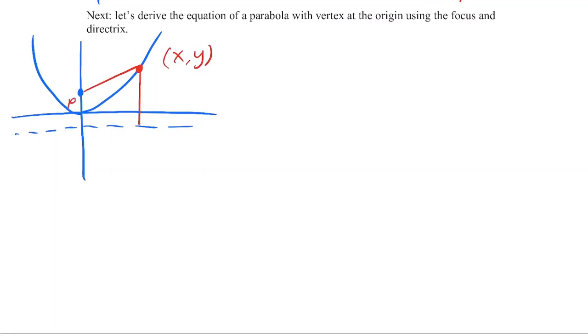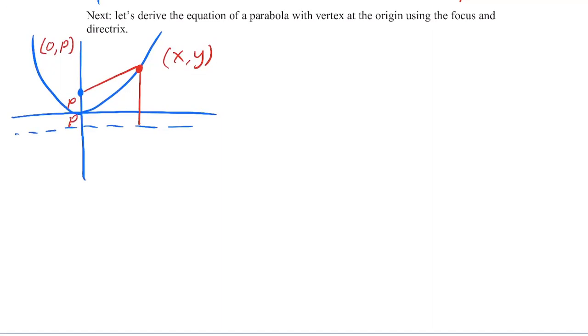So that would imply that the focus has coordinates 0 on the x and p on the y. Similarly, we had the same distance down to the directrix. That's also p. That'll come into play in a moment here.